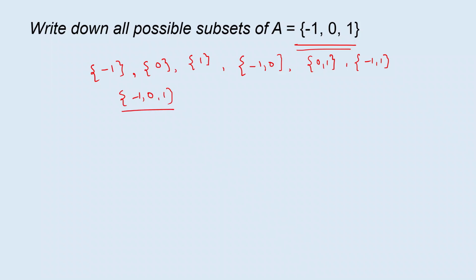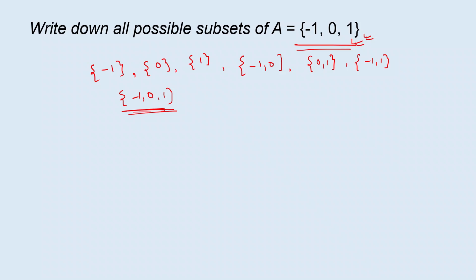This will also be a subset of the given set, because the definition just says that all of these elements have to be there in this set as well. So that is why a set is a subset of itself. Remember that a set is a subset of itself because it caters to the very definition of a subset. The definition says that if I have some elements which are also there in this set, then the first set is a subset of that set.